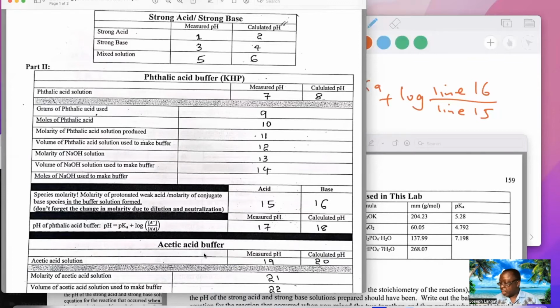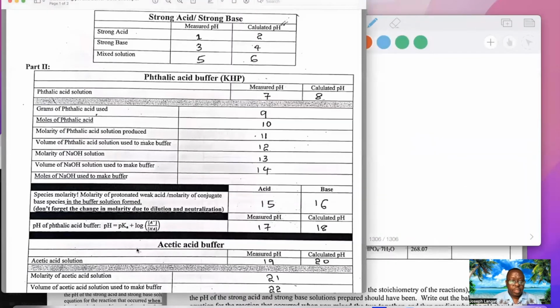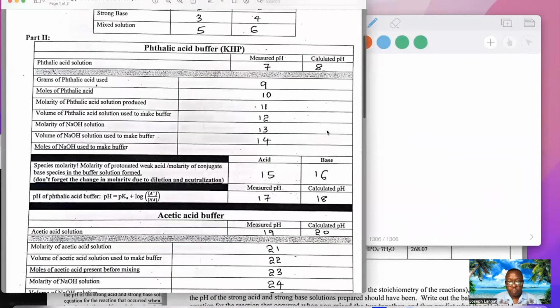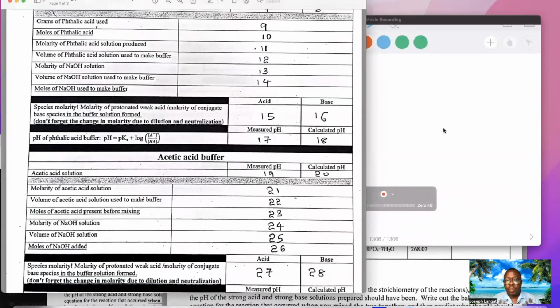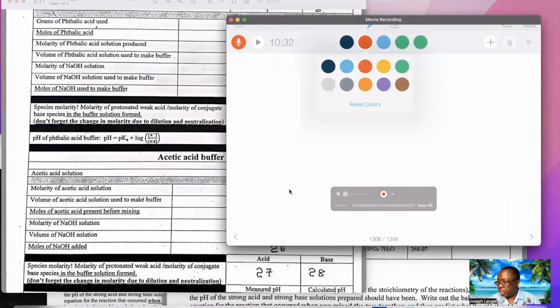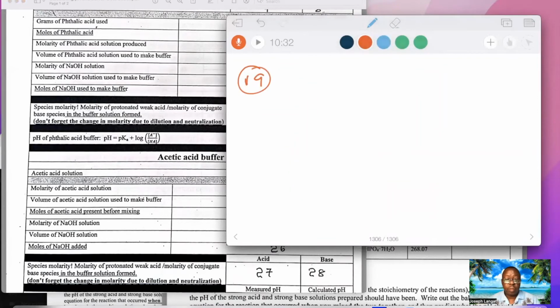For acetic acid PAVA, number 19. All right, for number 19 here, you need to read the instruction, prepare the PAVA solution using 0.100 molar acetic acid.